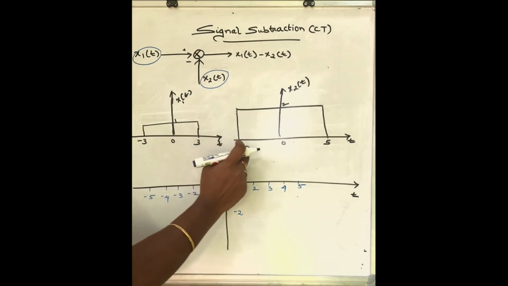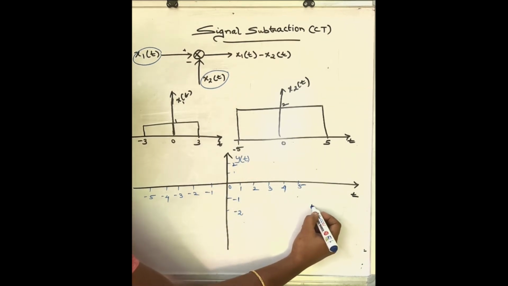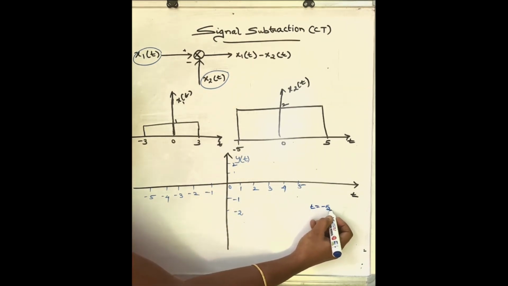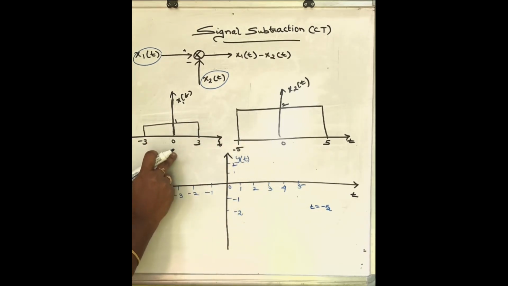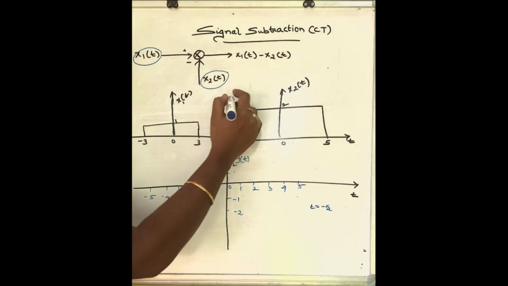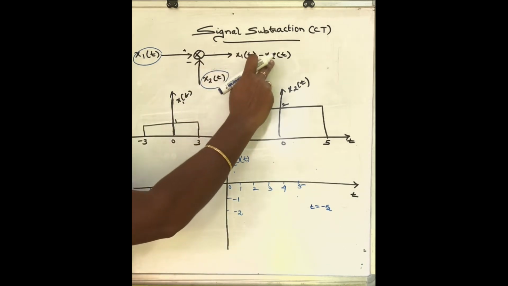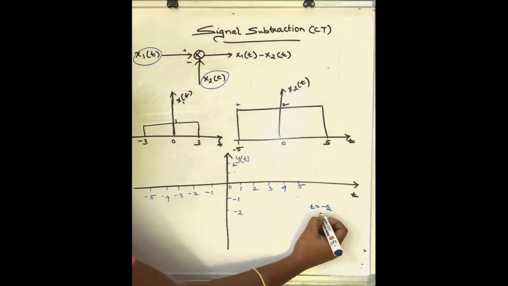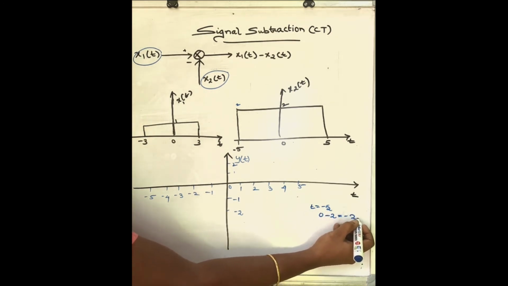Next, when t is equal to -5, check the amplitude of the two. The amplitude at -5 here is 2, whereas here it is 0. So this becomes x1 minus x2. So 0 minus 2, which is nothing but -2.